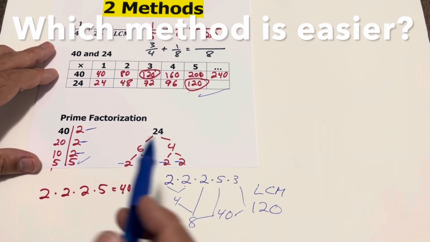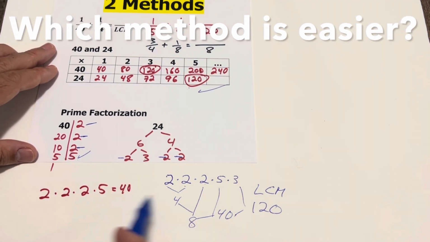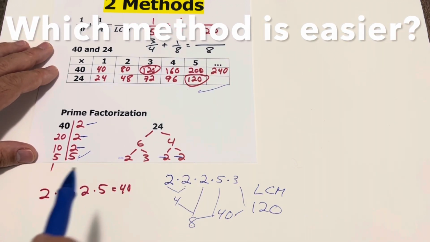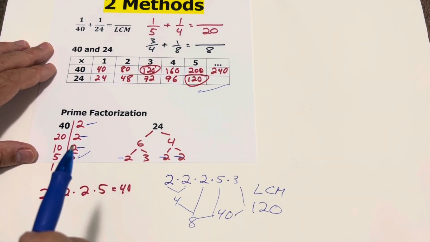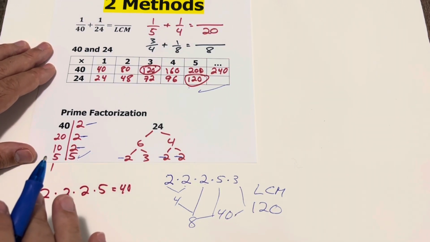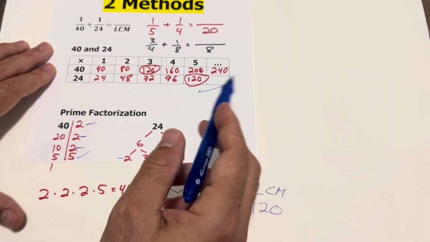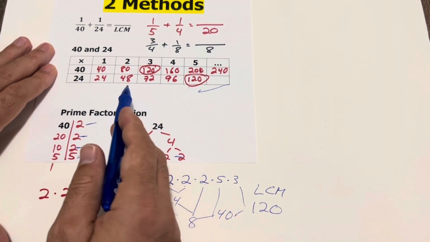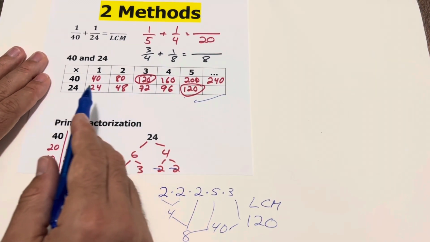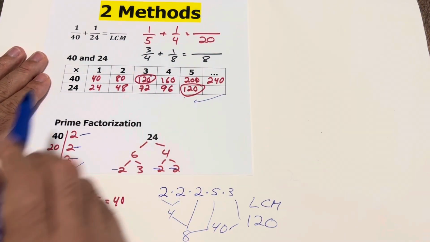Okay, so prime factorization is a very good method that goes straight to the point. If you do the first method, it could take very long. Sometimes no.